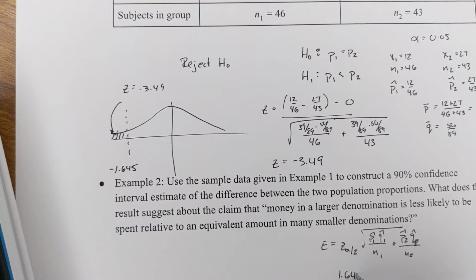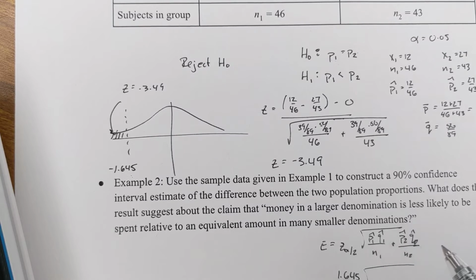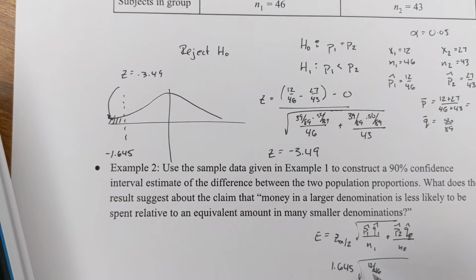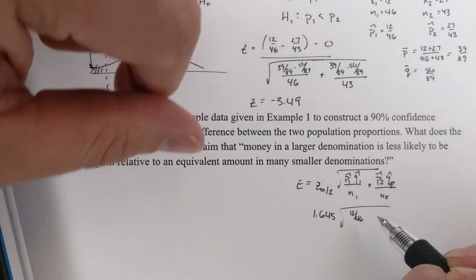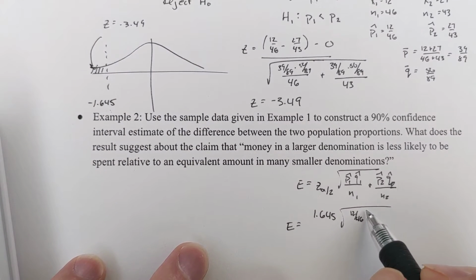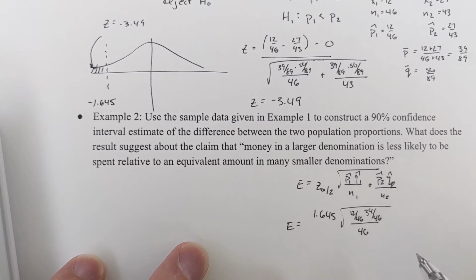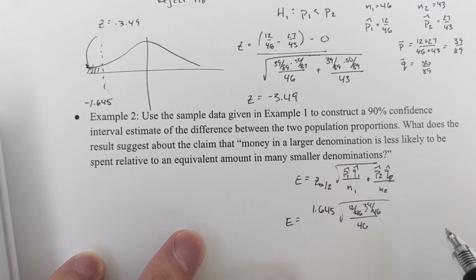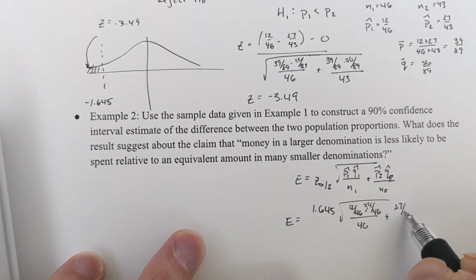So 1.645 times the square root. p1-hat was 12/46. So q1-hat is the other. If 12 out of 46 were successful, that means 34 out of 46 were not, and there are 46 people in the first group. And then plus, this is going to be 27/43.